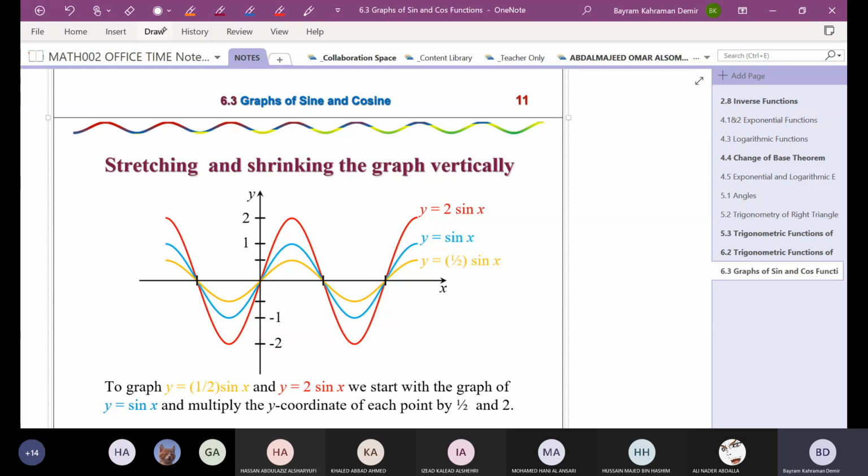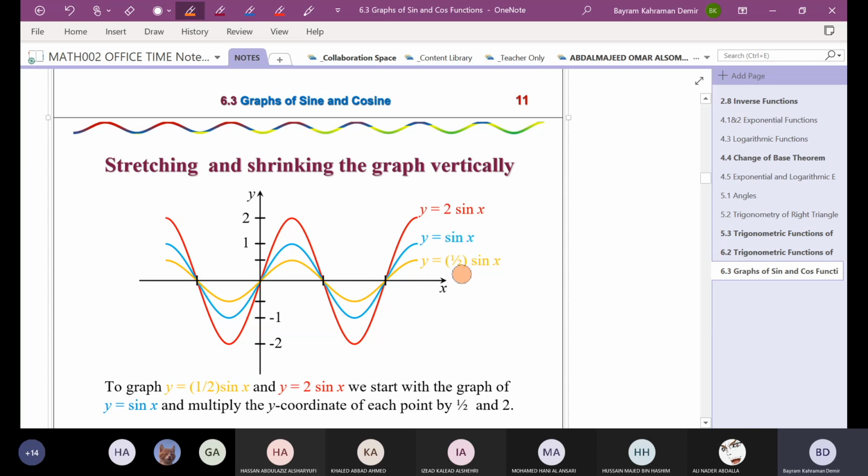So as a picture, you see that multiplying the sine by a number which is greater than 1 is going to stretch it up and down, and you will get the image of the red graph, which is the vertical stretching of the sine graph.